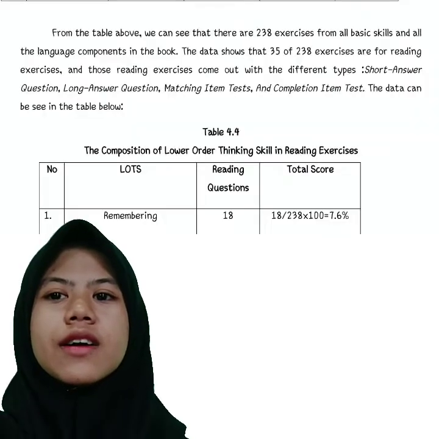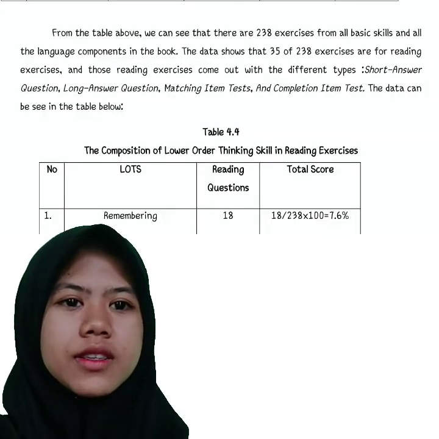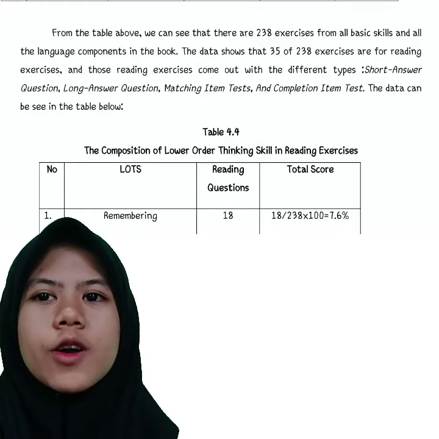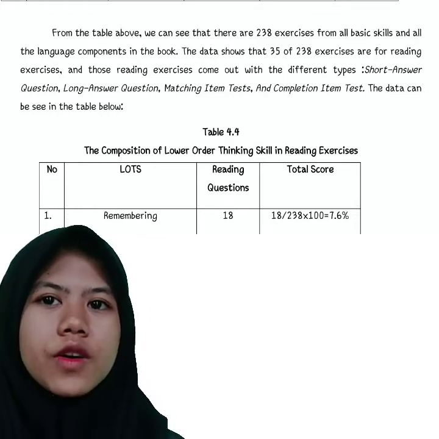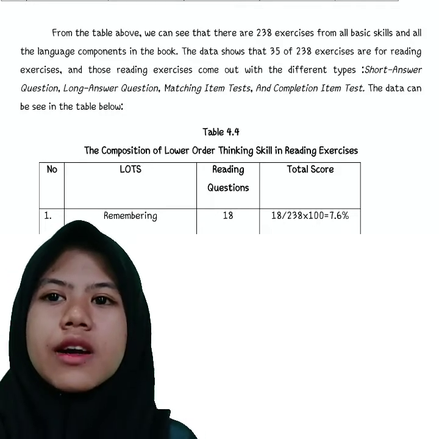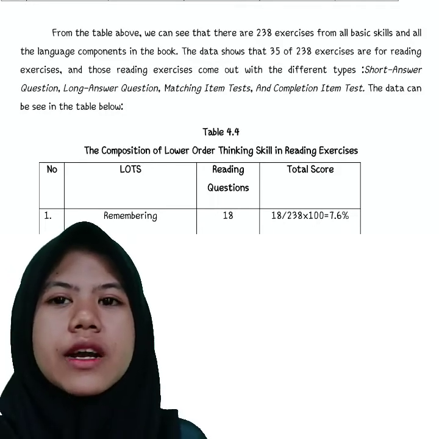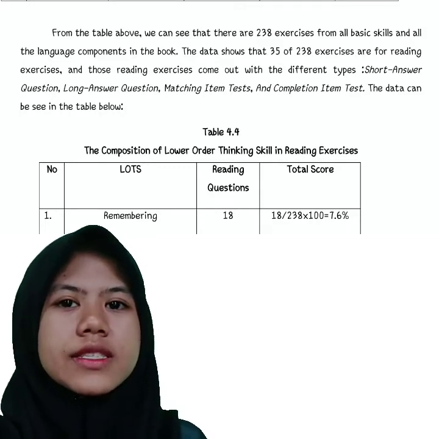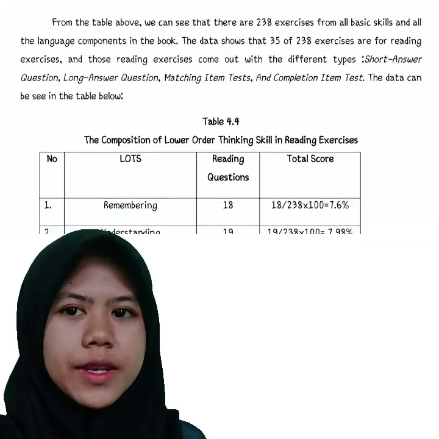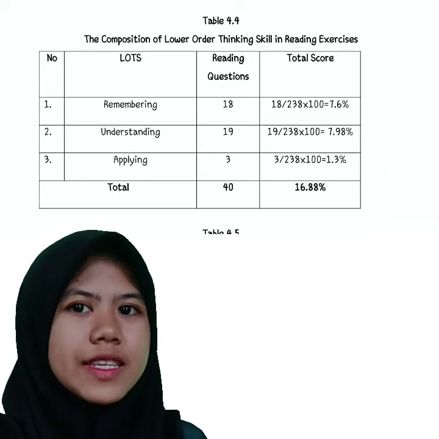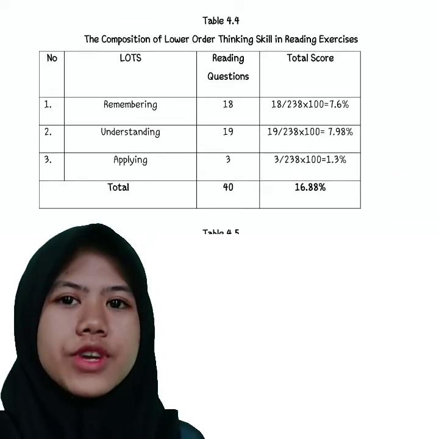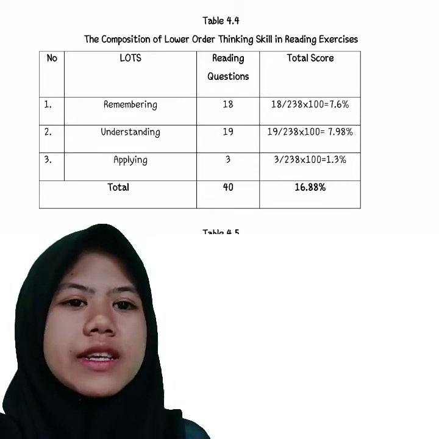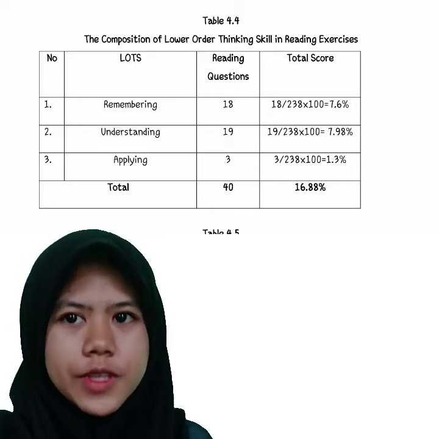And the data can also be seen in the table for the composition of lower order thinking skills. For remembering, there are 18 questions, and the score is 7.6%. For understanding, there are 19 questions, and then the score is 7.198%.